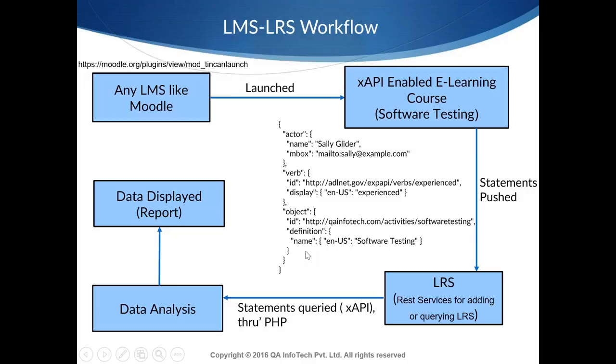JSON is JavaScript Object Notation, as most people would know. And as you see, it is in the form of actor, verb, and object. So Sally Glider experienced the Software Testing course, and that's what is being pushed.